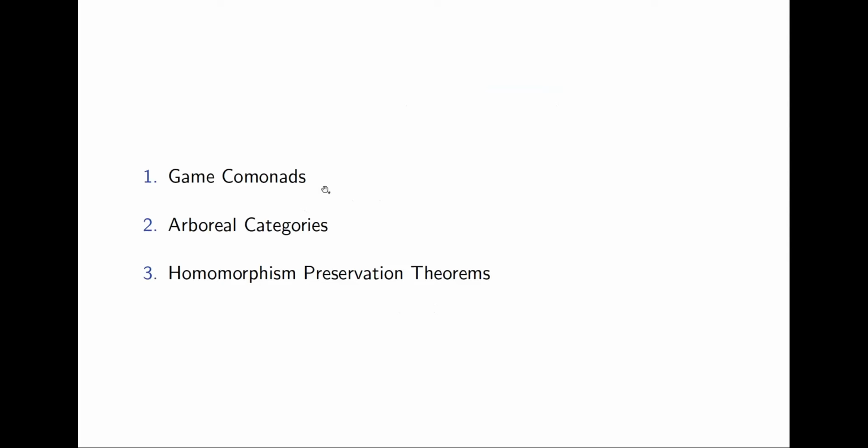This is a comonadic approach to finite model theory, and the idea then is that arboreal categories provide a sort of axiomatization for this framework. And then in the last part of the talk, I'll say a bit about applying this axiomatic framework to study homomorphism preservation theorems in logic.